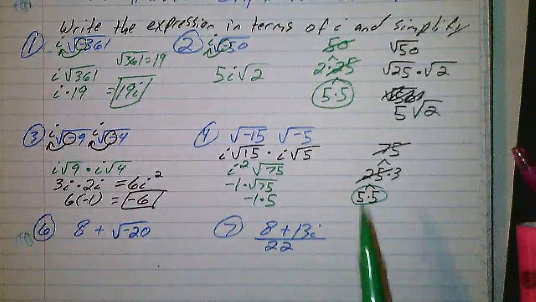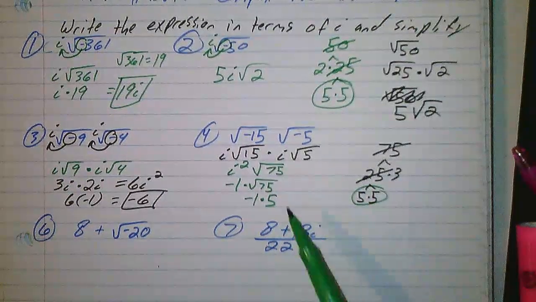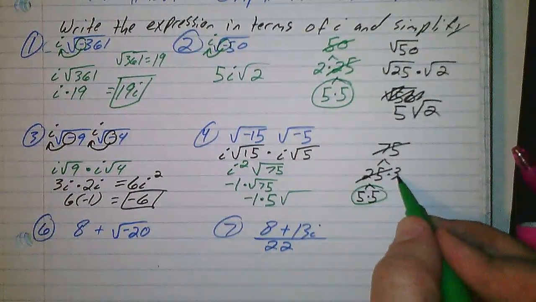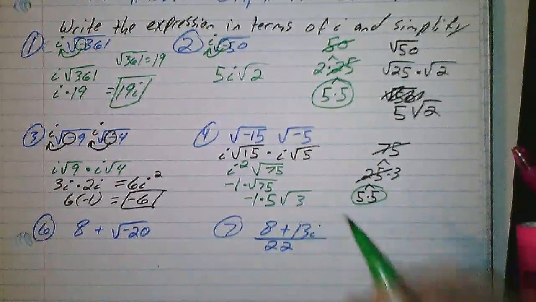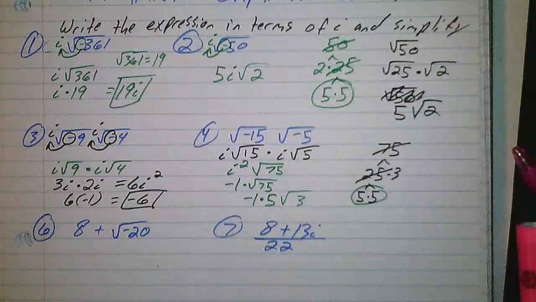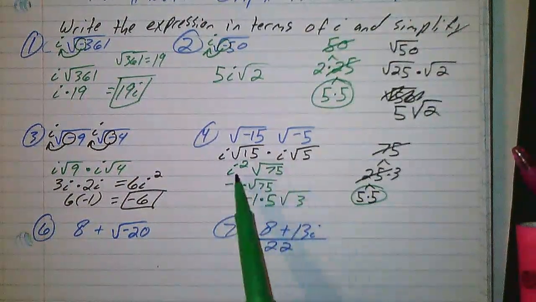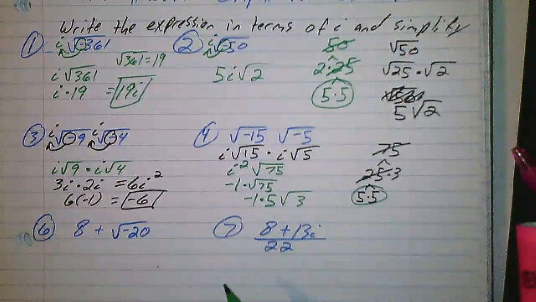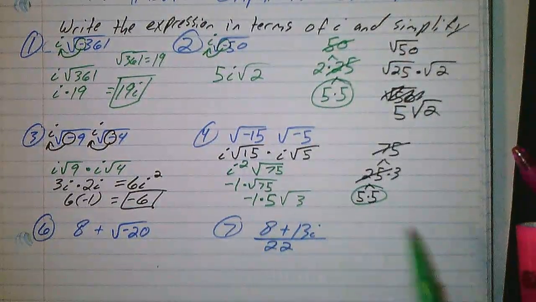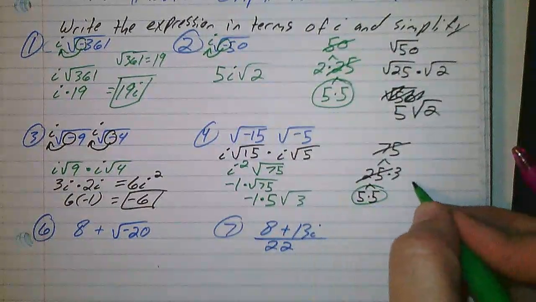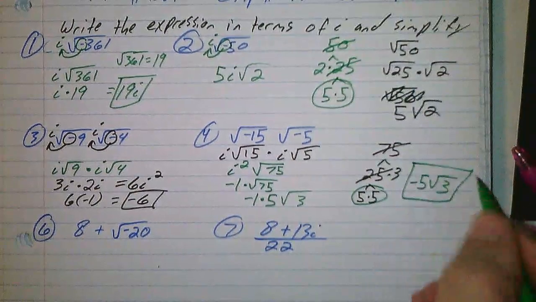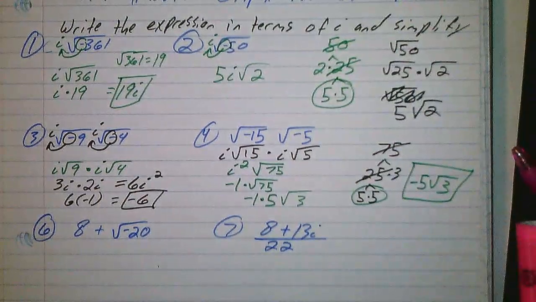It is no longer under the radical. What's left under the radical is that lone 3. So the i times i will just make the coefficient negative. So we have negative 1 times 5, negative 5 root 3 would be our answer.